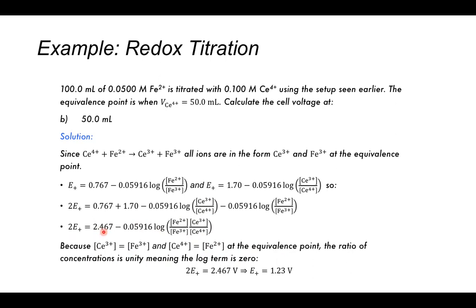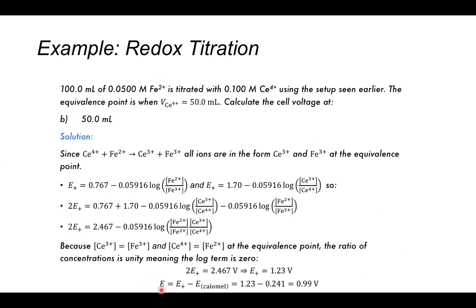We divide that by 2 to get the reduction potential, which is equal to 1.23 volts. We wrote this out explicitly to show you the full process, but at the equivalence point you can usually skip ahead to the end, which is just adding the standard potentials together and dividing by 2 in a redox titration of this type.